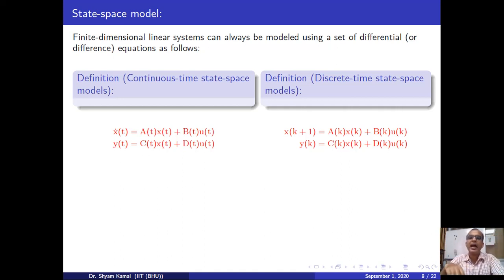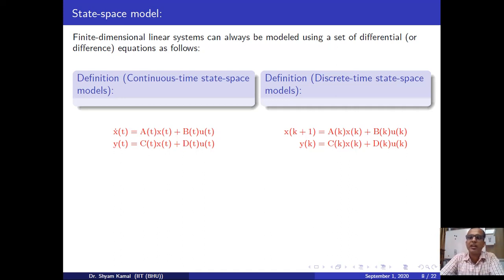In this way I can define two classes of system. The continuous time one is called state space. Why state and space? Because if I have a second order system, then two independent variables are required to predict the output, so I am in a two-dimensional space.